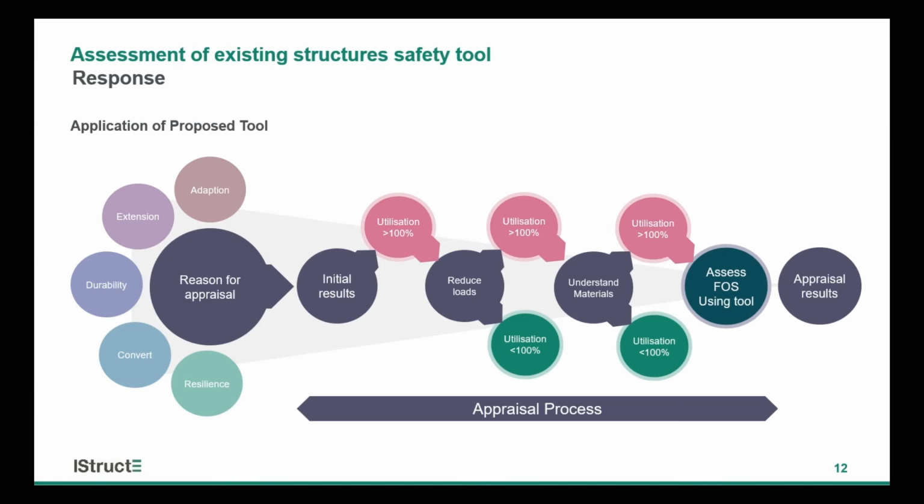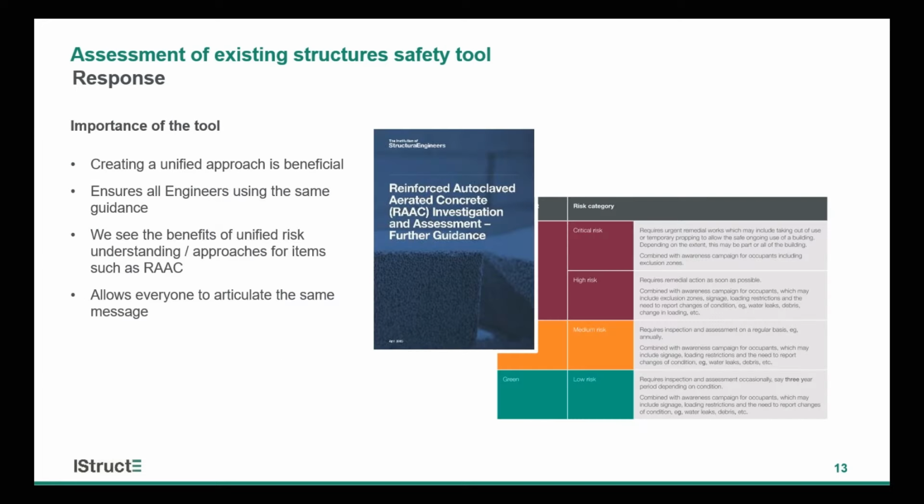But I think the purpose and usefulness of this tool is once all else has failed, once we're actually finding a structure that, despite our calculations, shows it's overutilized, this is how we may be able to work through this and understand the risk-based approach of what that overutilization means. And why I personally find this really important: I've done a lot of work in RAC over the last several years now, and the recent guidance by the IStructE provided that unified approach to risk assessment of RAC.